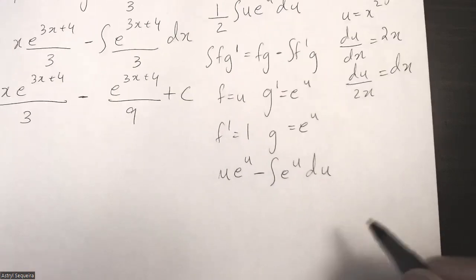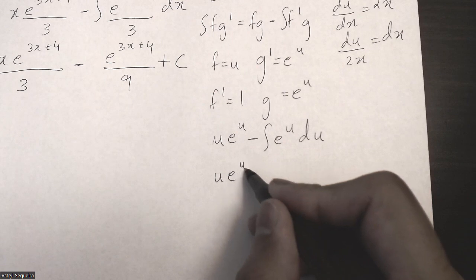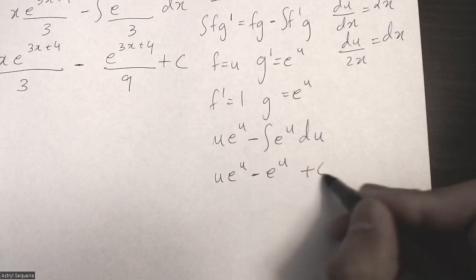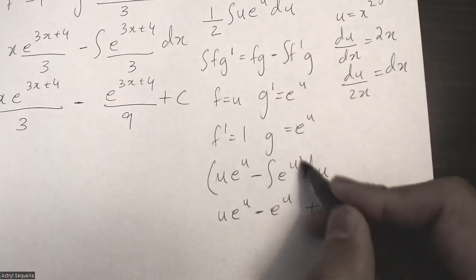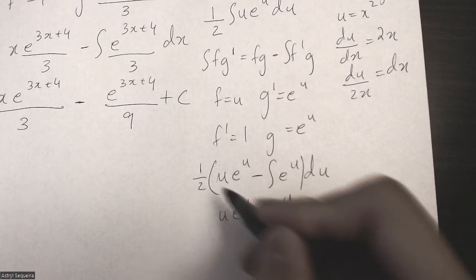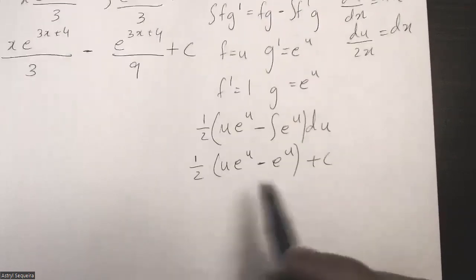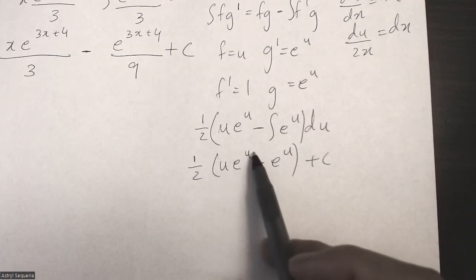And I have a du over here. I just have to integrate this, which is pretty simple now. Integral of e to the u is just e to the u plus c. Also, don't forget we have our 1 over 2 outside the integral. Now I'm just replacing the u's with x squared.